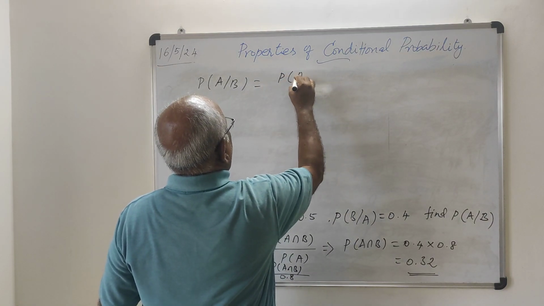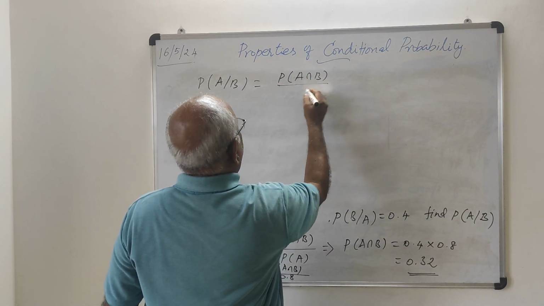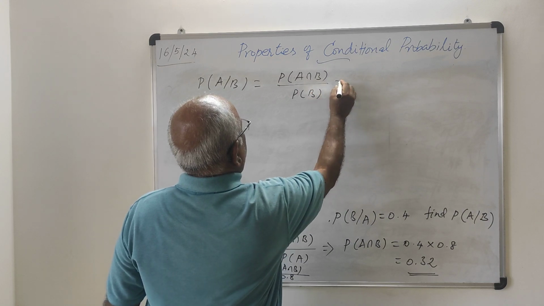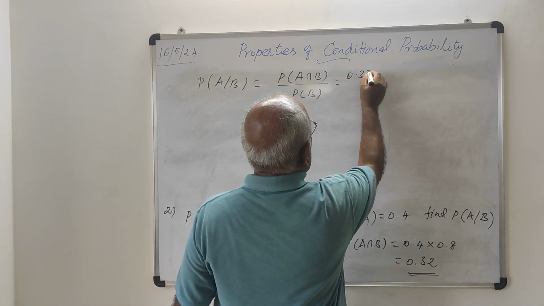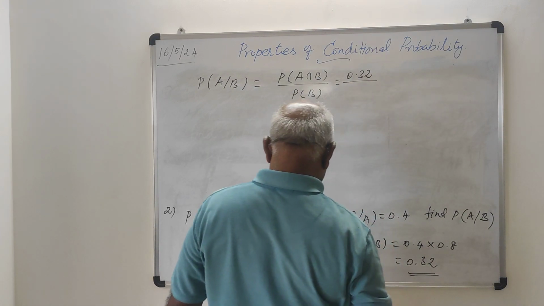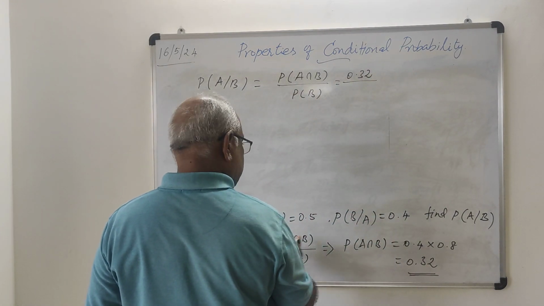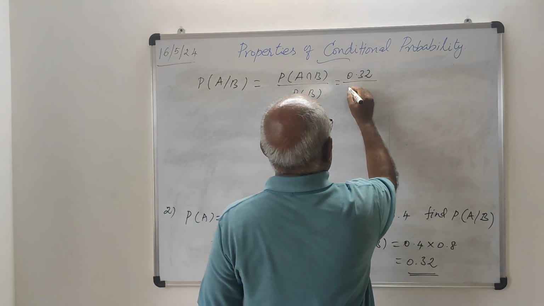By formula, P of A intersection B by P of B. You know P of A intersection B is 0.32, and P of B is 0.5.